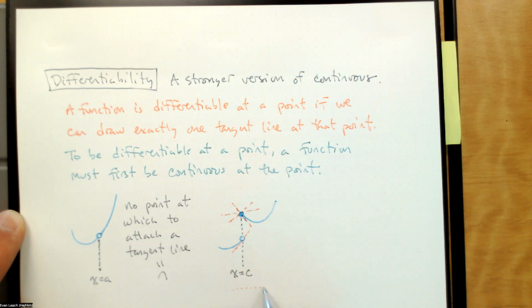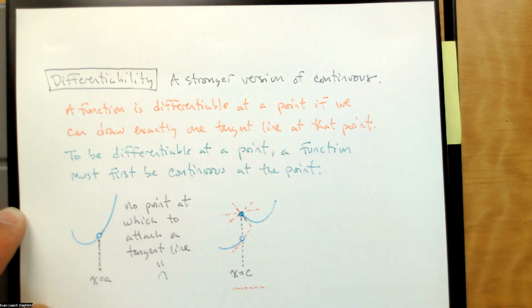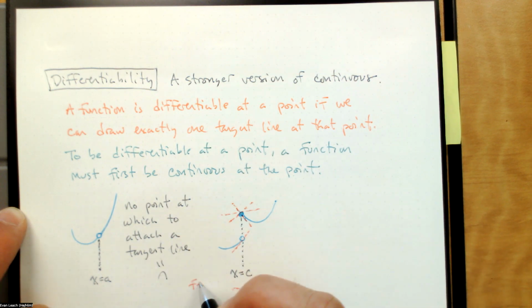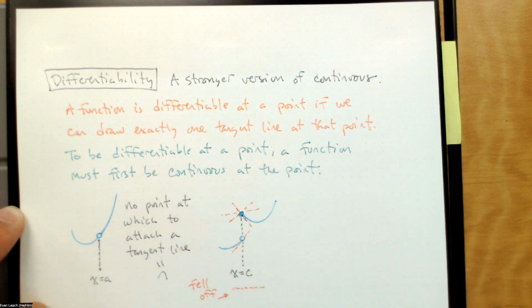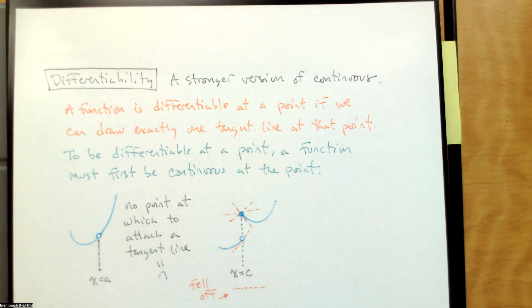And so that's why it's down here now. That one fell off. And if I try to balance a tangent line at that one piece, it starts swinging and flopping around. So there's too many tangent lines. There's not one slope up there.